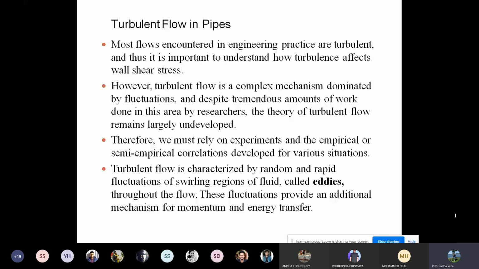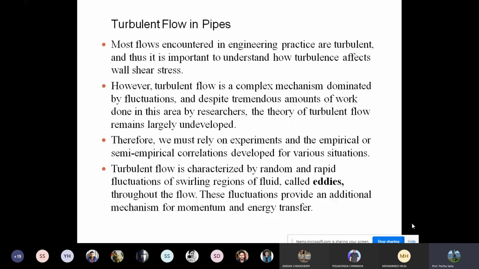But since turbulent flow is a complex mechanism and has a lot of eddy currents involved due to a lot of fluctuation in the velocity profile, deriving expressions for turbulent flow requires a huge amount of work, and a lot of complex equations are involved. So people actually use a lot of iterative methods to derive pressure drop, head loss or the volumetric flow rate, and for doing so, a lot of experimental work and trial and error methods are also implemented.